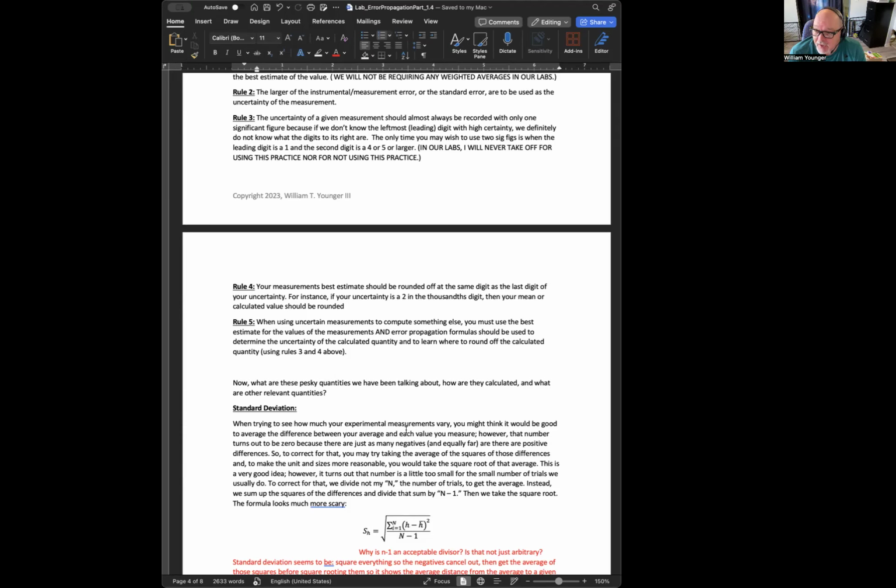And then when you have the errors with each L, W, and H, what you're supposed to do if you calculate volume equals length times width times height is you take the mean value for the length times the mean value for the width times the mean value for the height, and that gives you, say, 59.39333 or whatever centimeters.